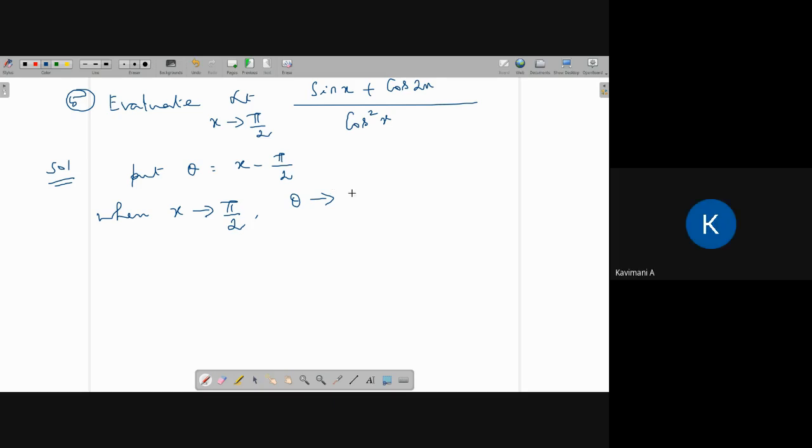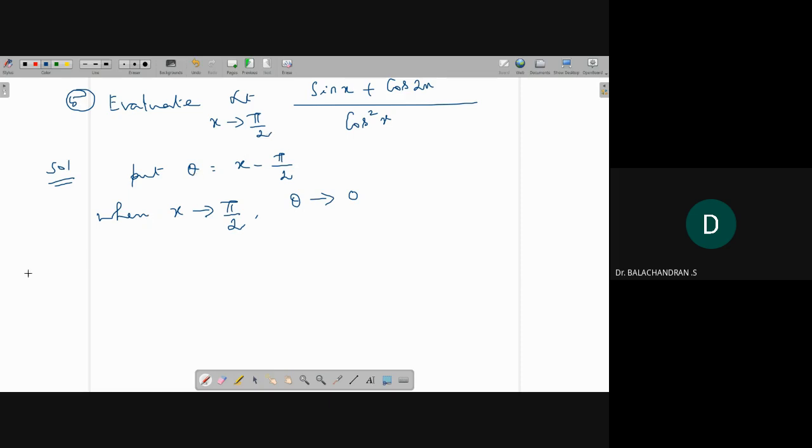Theta equals x minus pi by 2, so when x approaches pi by 2, theta approaches 0. When x is equal to pi by 2, theta is 0. Similarly, when x approaches pi by 2, theta approaches 0.